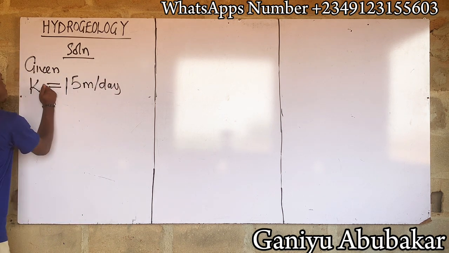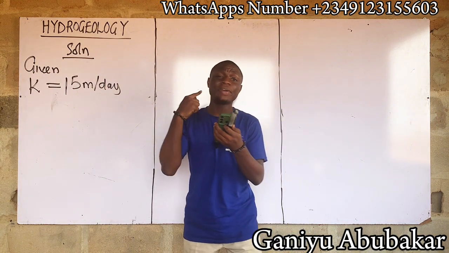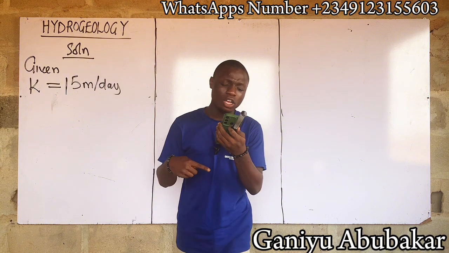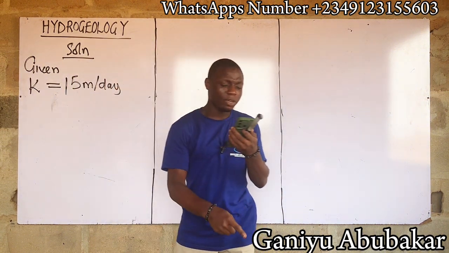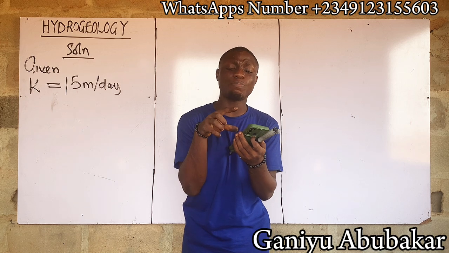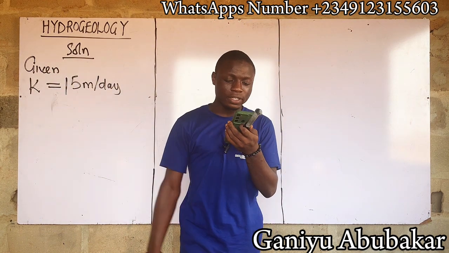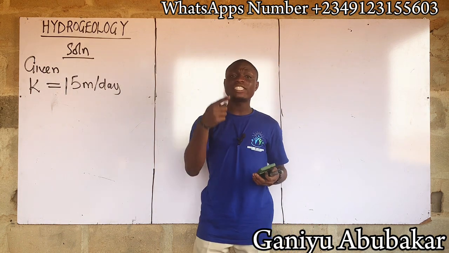Next up, please watch the way I'm breaking out parameters. The question says a well is located in an aquifer with a conductivity. Conductivity represents K, right? It's said to be hydraulic conductivity in full sense. Per day, and the storativity.